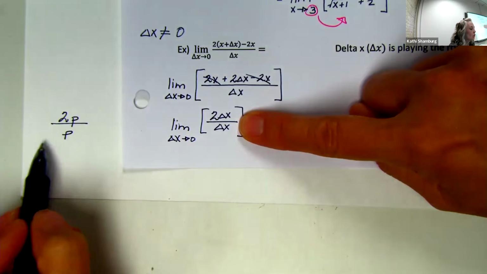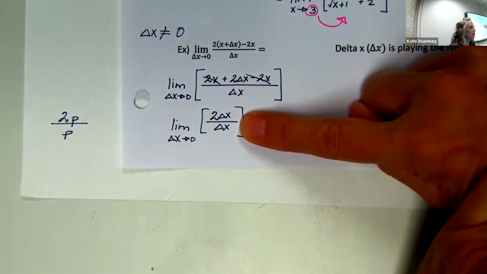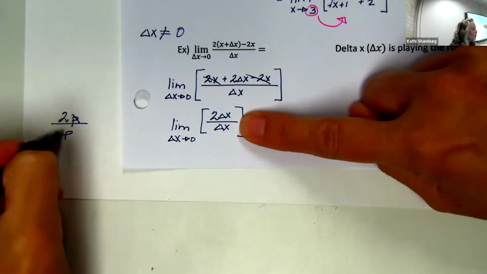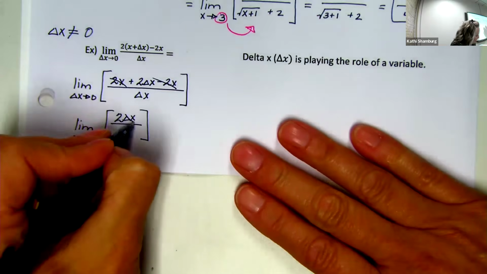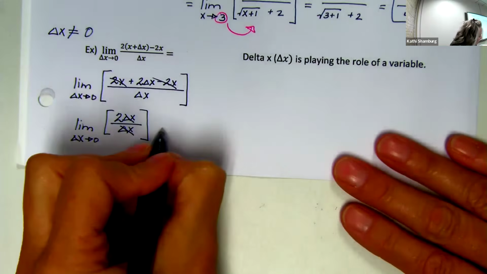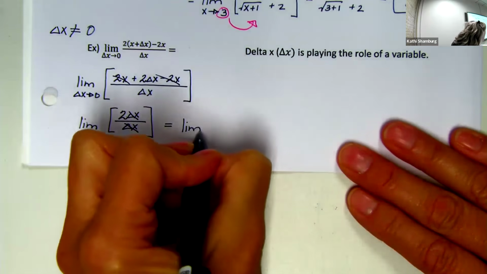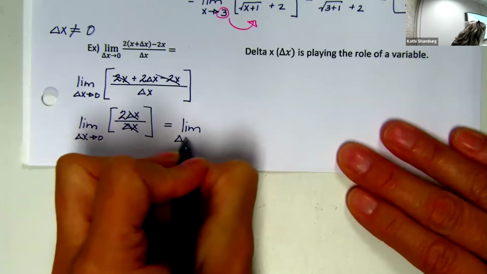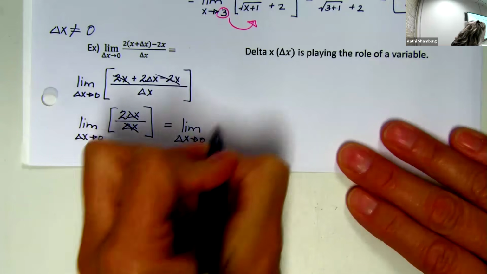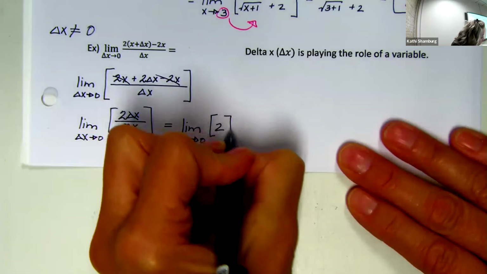If I gave you this, what would you tell me I could algebraically do? My p's would cancel, right? Same thing here. Those cancel, so we have removed that denominator of 0. So technically I'm left with the limit as delta x approaches 0 of the constant 2.